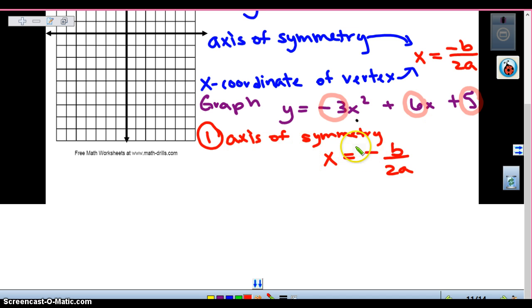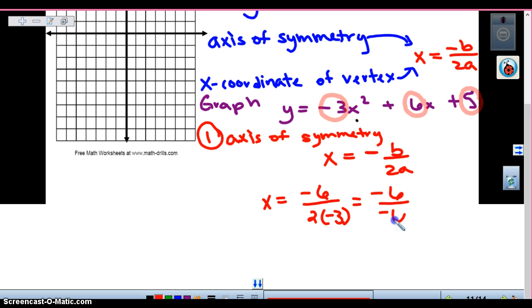So if we're finding our axis of symmetry, we need to substitute. You could say x equals negative 6, the negative from the equation, 6, which is b, divided by 2 times negative 3. This means negative 6 over negative 6.